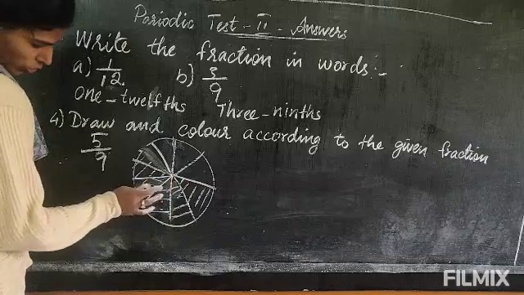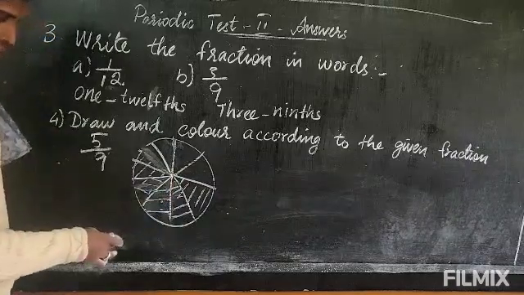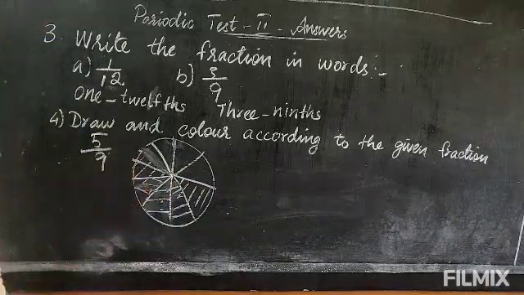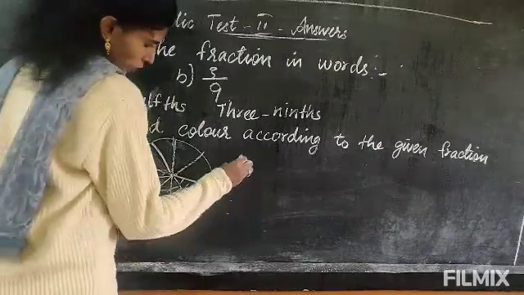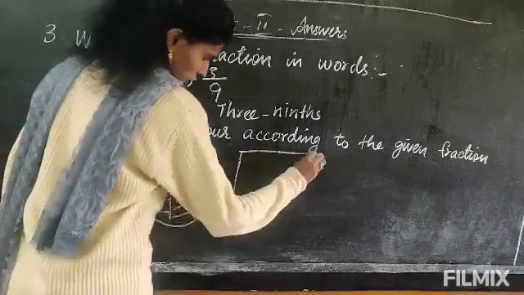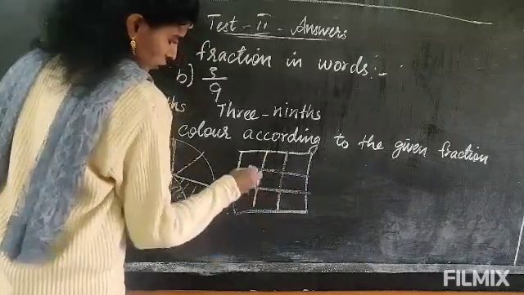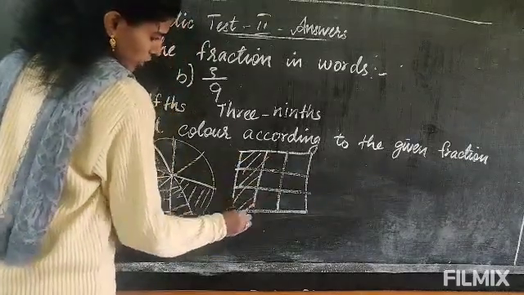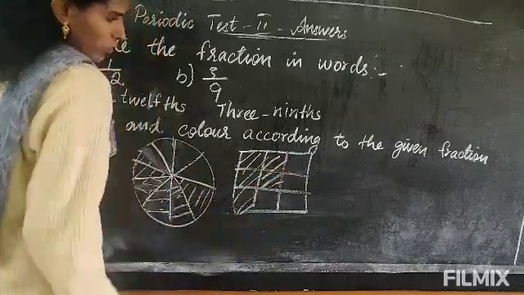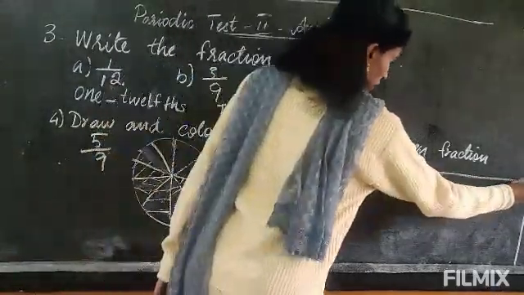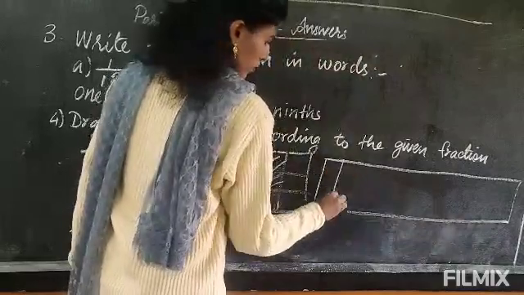Okay, so when you draw a circle, 5 by 9 won't come perfectly, you have to make it perfectly. Otherwise you can make it like this, in the square format. This way also you can make it, and you can shade the 5 parts. Otherwise you can make a rectangle this way.